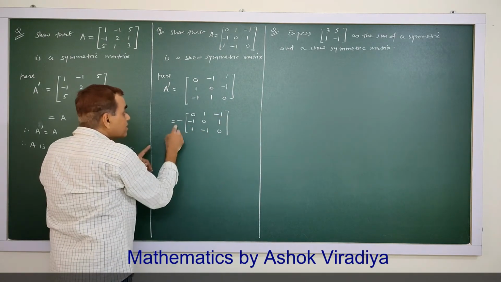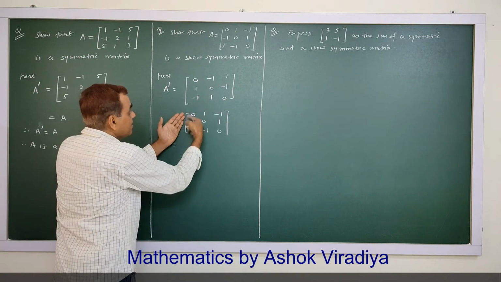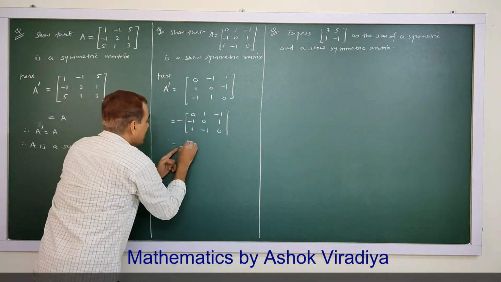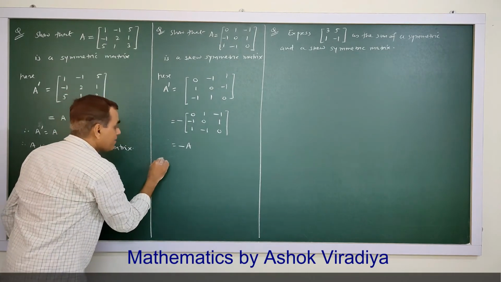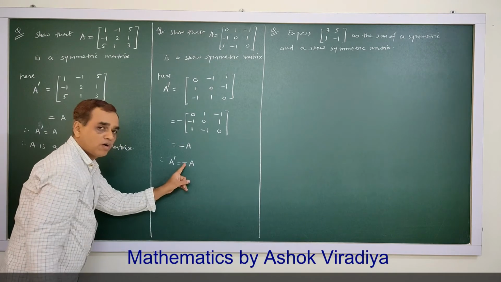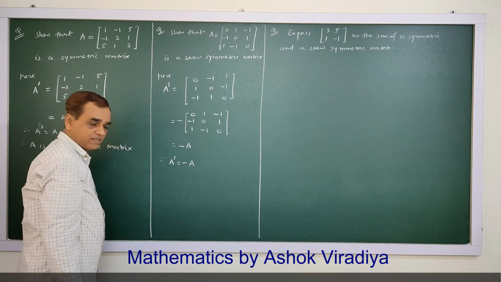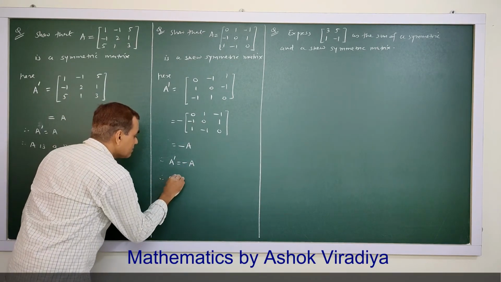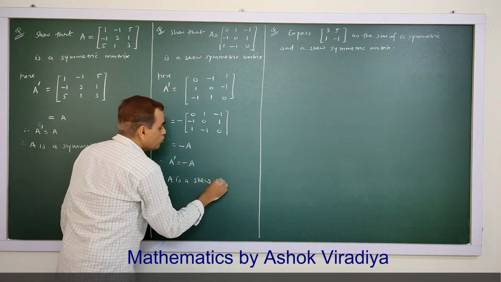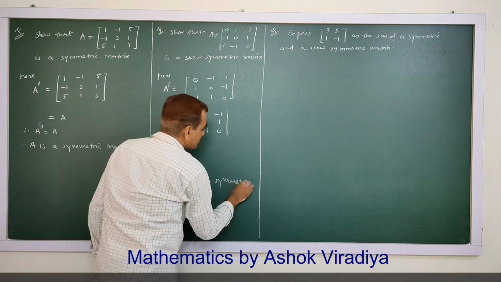And taking minus common, you can see that this is A. So minus of A. Therefore, transpose of A is equal to the additive inverse of A. So A is a skew symmetric matrix.